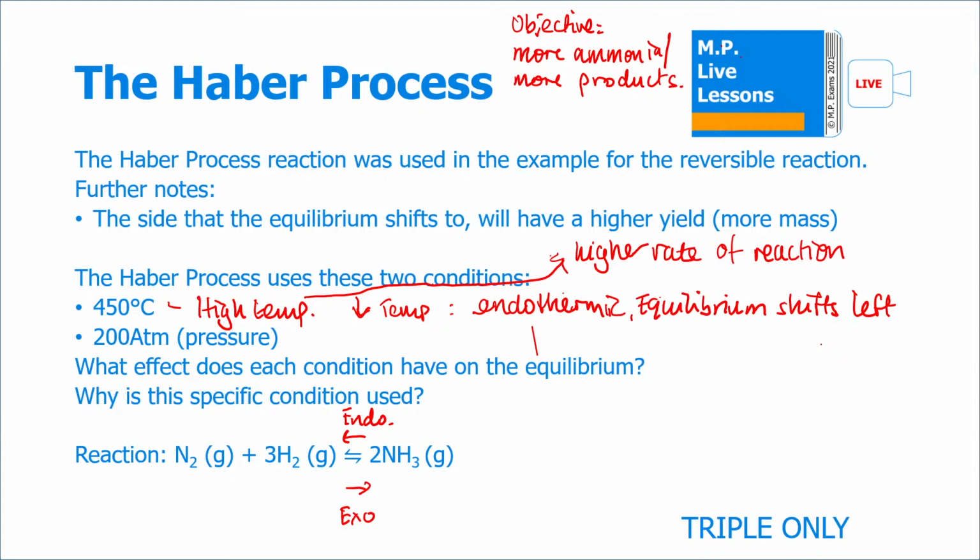Now the other condition is the high pressure, the 200 atmospheres. So the system counteracts by decreasing the pressure. That means it shifts to the side with fewer molecules.